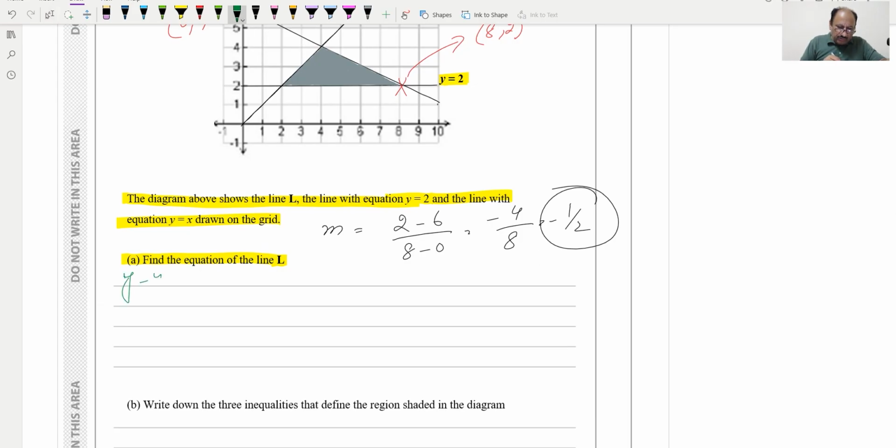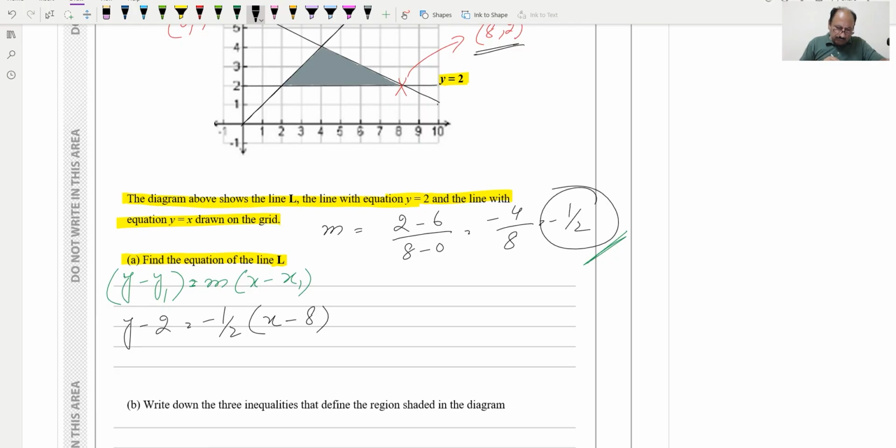So y minus y1 is equal to m into x minus x1, and we can use any of the points. I'm using this 8 and 2. So y minus 2 is equal to minus 1 by 2 into x minus 8.